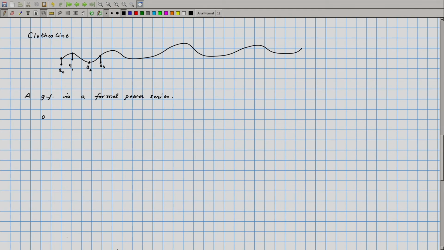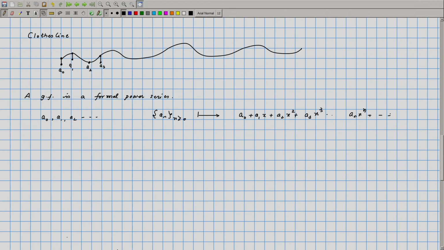If you have a sequence, let us say A0, A1, A2, so on, in general A n, then given a sequence, the generating function corresponding to it is the formal power series given by A0 plus A1 x plus A2 x square plus A3 x cube and so on, so A n x raised to n plus so on.